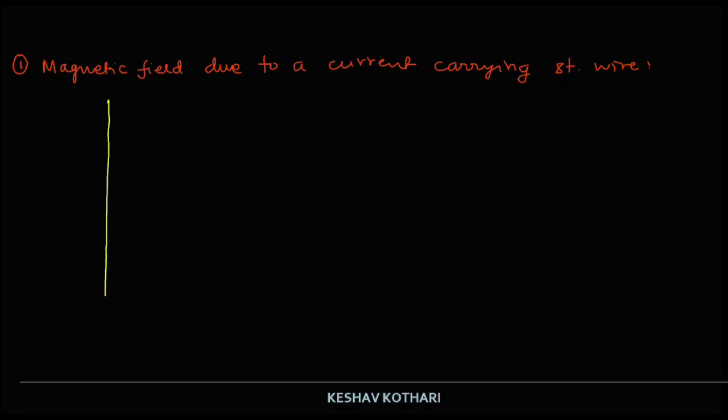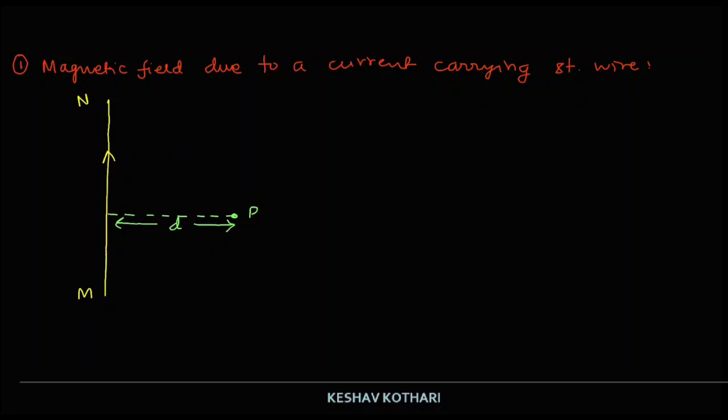This point is M and this one is N. And we want to calculate the strength of magnetic field at a point P, which is somewhere here, at a distance d from this straight current carrying wire.